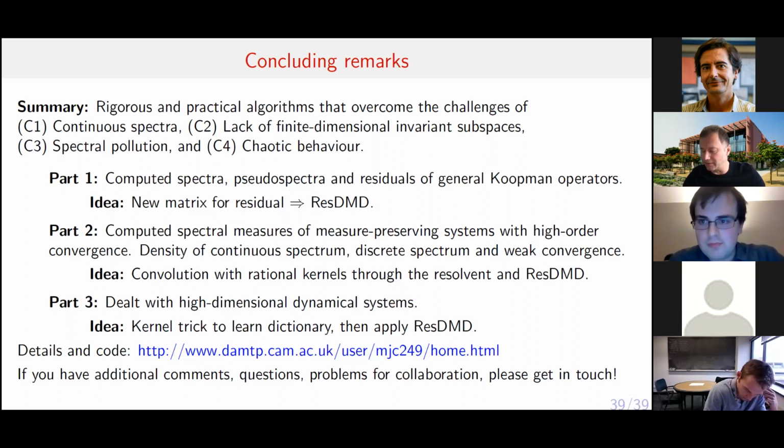Let me start with one. There are two approaches to continuous spectrum computation that are out there and that are rigorous. One of them is Dimitri Giannakis's group at NYU, and what they mostly do is use kernelized methods and do the associated compactification, and they prove that in the limit everything converges, and it's also pseudo-spectral.